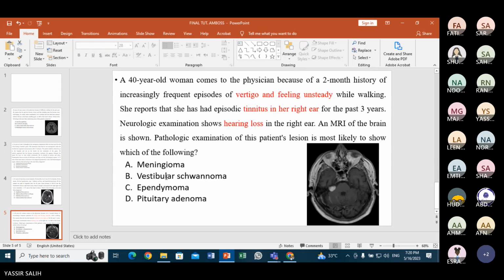The last question, Doctor, A or B? It is vestibular schwannoma, but we also did a revision for the meningioma. The answer for this is vestibular schwannoma.